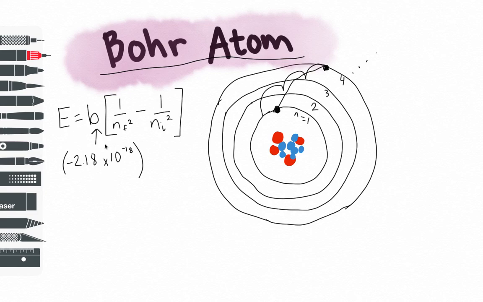So let's just conceptualize this for a moment. Let's say the electron starts at n is equal to 1 and its final destination is at n is equal to 4. When you plug that into the calculator, you have that constant right there, and then we're multiplying that by 1 over the final, n is equal to 4, and that squared would be 16, minus 1 over the initial, which was 1 squared, which is 1.